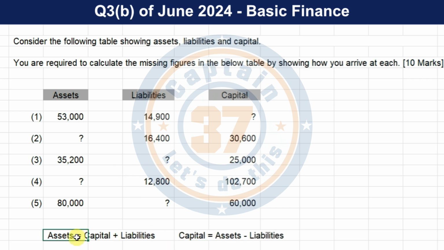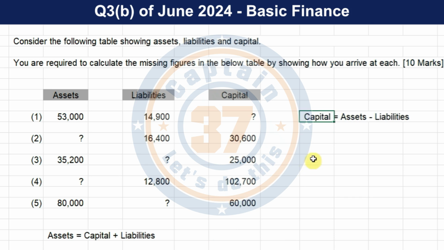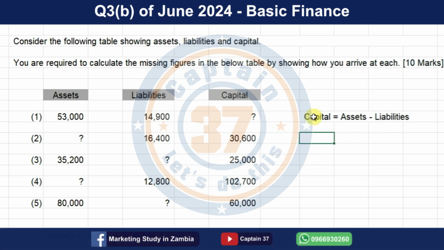So we would have changed this particular formula because that's what we want. Let me put all the formulas right over here, then we can simply apply them. So here, capital is what we want, and this would be the formula.